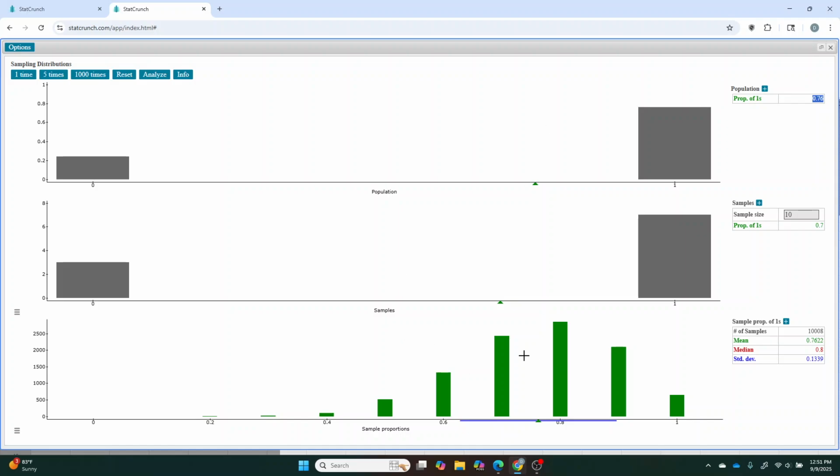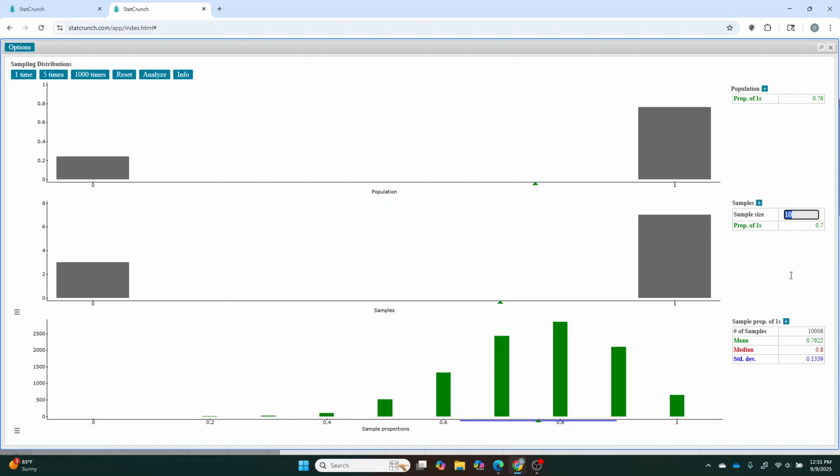So in other words, if you take all these sample proportions down here and you compute their mean, what you end up with is pretty much dead on the population proportion we started out with. The standard deviation is harder to see, but I bet if you took the square root of 0.76 times 0.24 divided by 10, then you would get this number approximately. The shape is still concerning though, because it's not bell-shaped. And once again, this is because we have a small sample size.